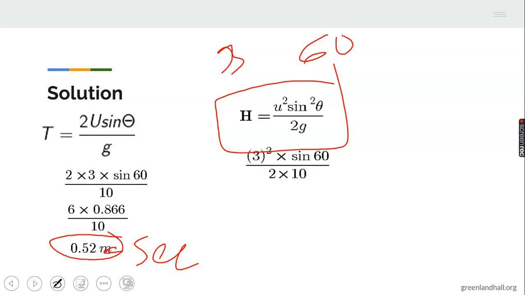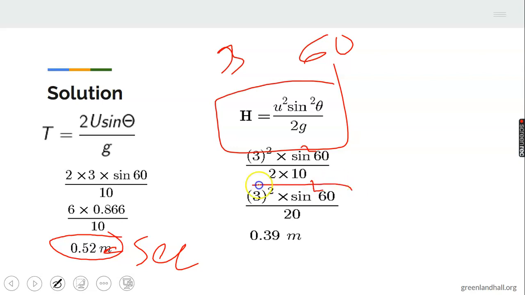3 squared, sine squared theta, which should be squared, all over 2 times 10. What do you have here? This should be squared. Your answer should be 0.39.